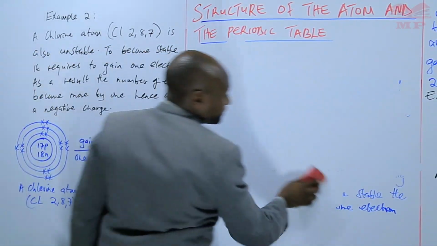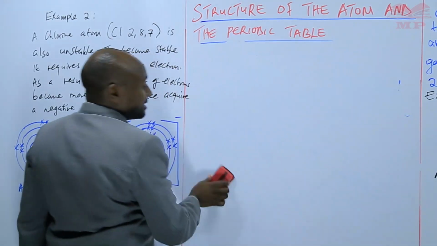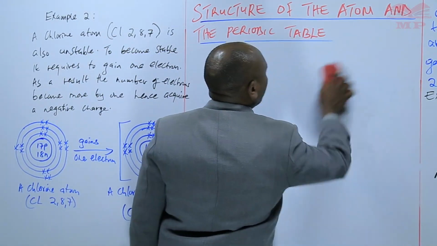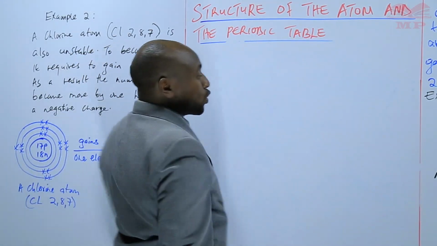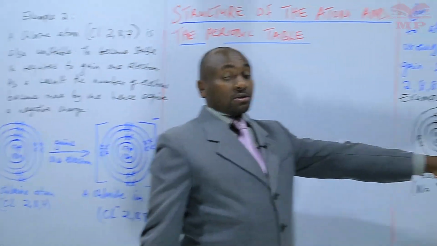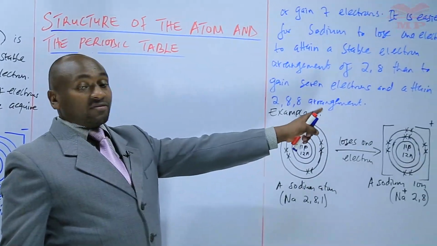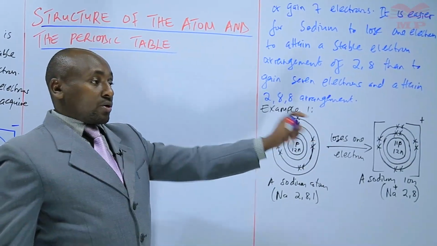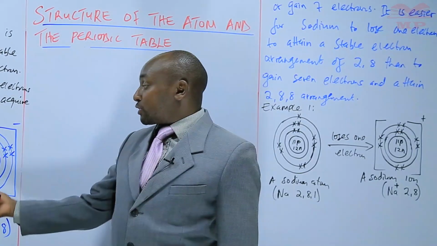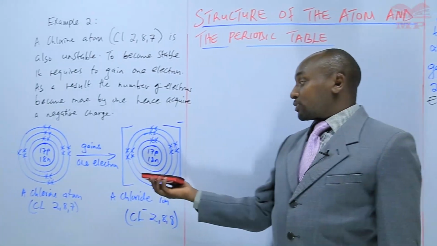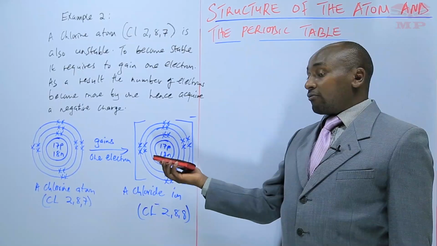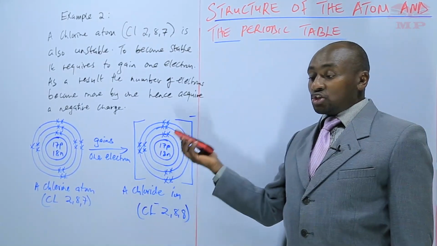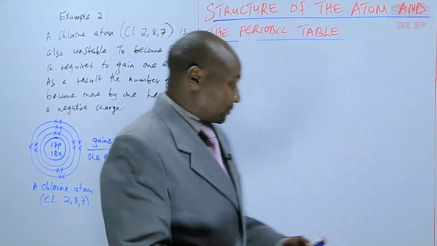So generally, what happens is that metals lose electrons to form positively charged ions, whereas nonmetals gain electrons to form negatively charged ions.